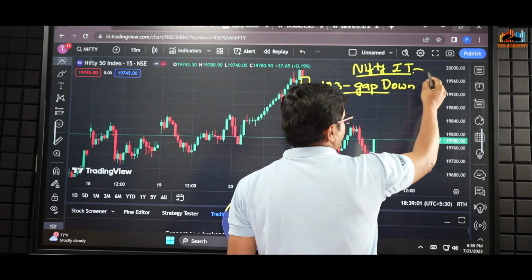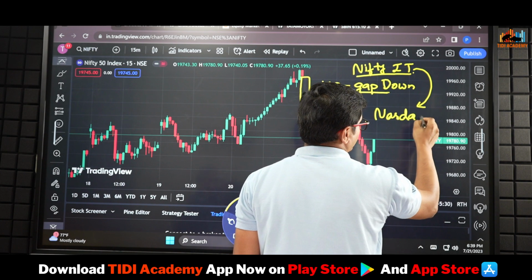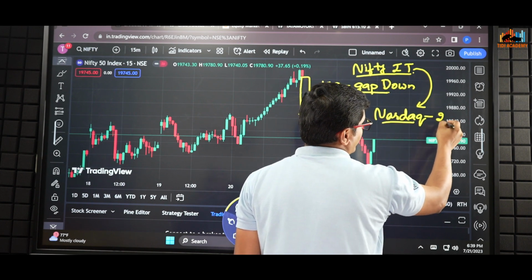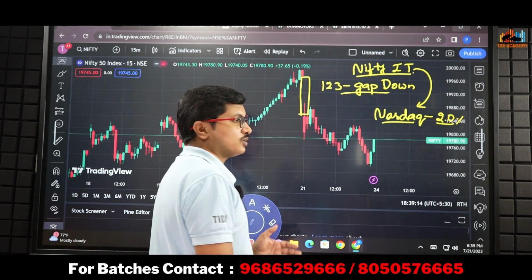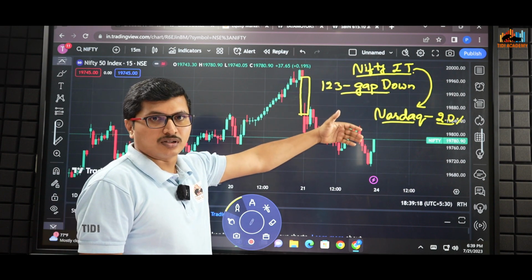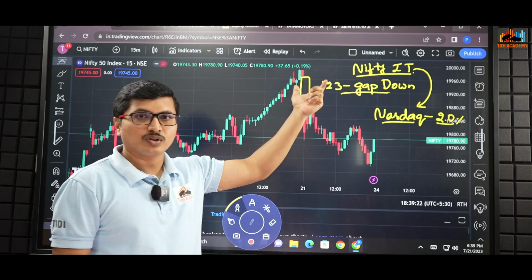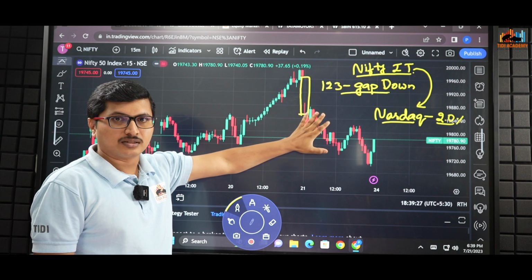It is due to Nasdaq. Nasdaq fell around 2% yesterday, so that triggered the Nifty IT to fall. The weighted stocks in Nifty IT are Infosys and TCS, which affected the Nifty chart.